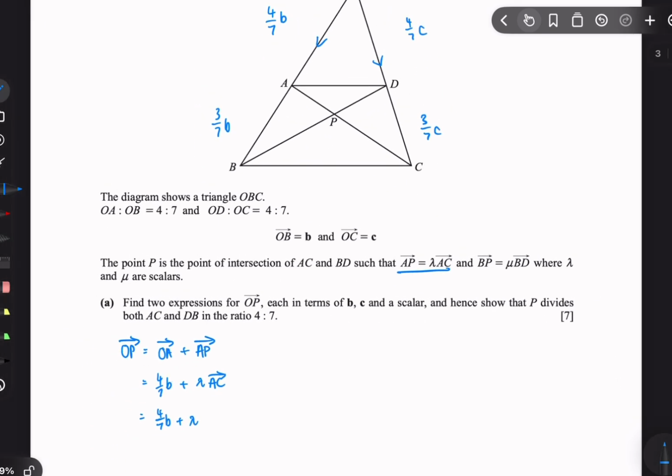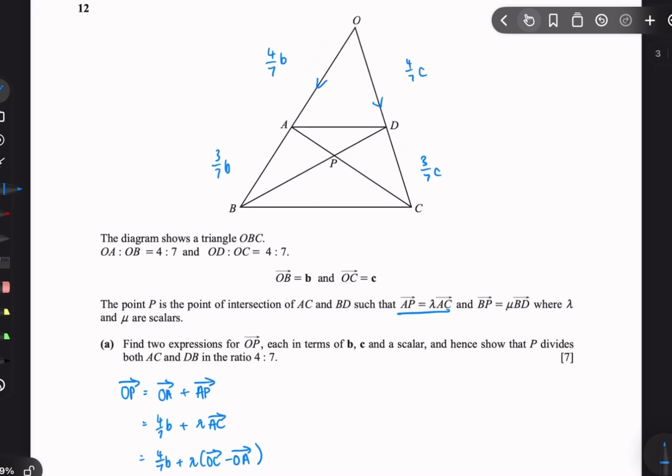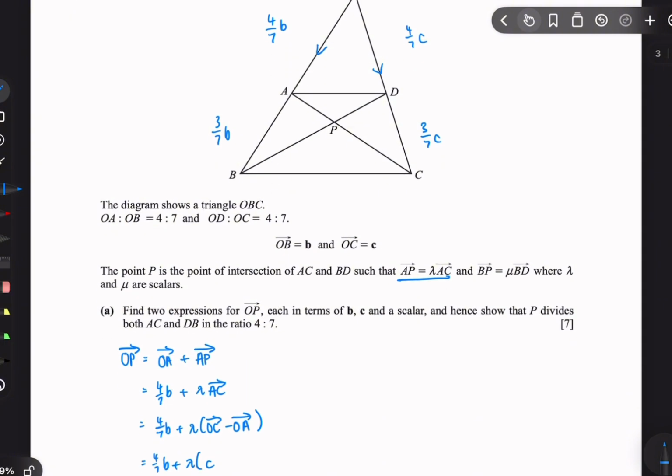OC minus OA might be easier, so OC minus OA. OC is C minus OA, which is minus 4/7B.